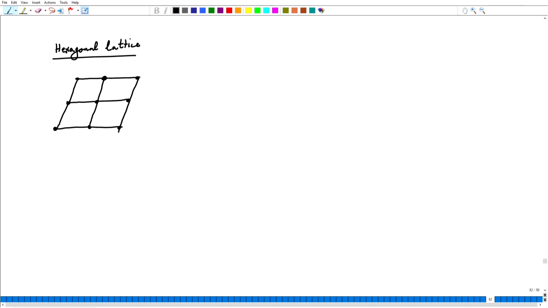This is my vector A, this is vector B, the vector C is again perpendicular to the figure, and this angle is gamma. So, in this case, let us say A equals B equals 2 angstroms. Let me put C as 4 angstroms.